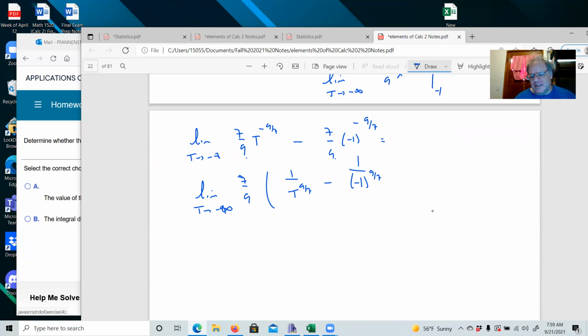Well, -1 to the 9/7. We're not doing complex numbers. So what's the third root of negative 1? That's -1. What's the fifth root of -1? It's -1. There are ways to get fancier about this.